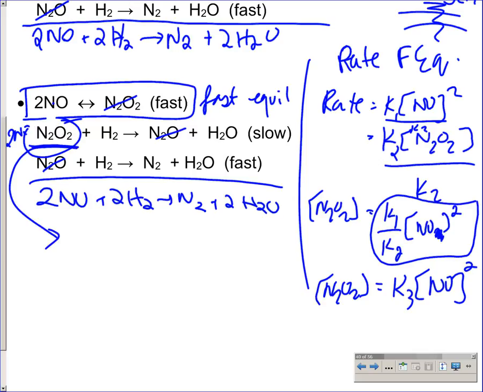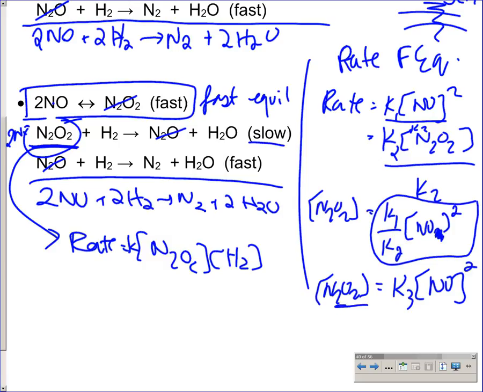This N2O2 that you want to put in the rate law equals this over here, which is what's in the proposed mechanism. I don't know if that makes any sense. But essentially, this one would say rate equals K times N2O2 times H2, because that's a slow step, and that would be the rate written as is from this specific example.